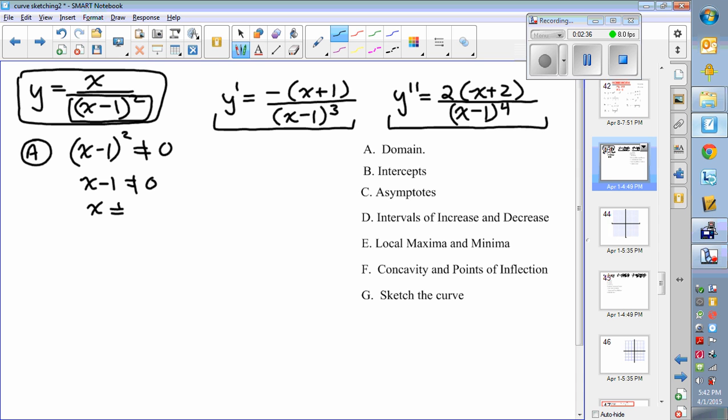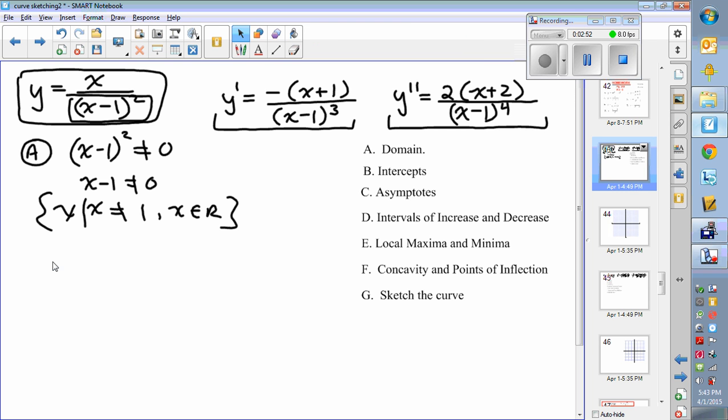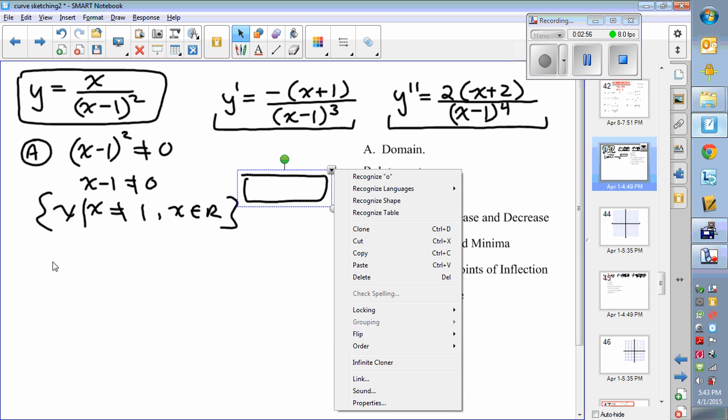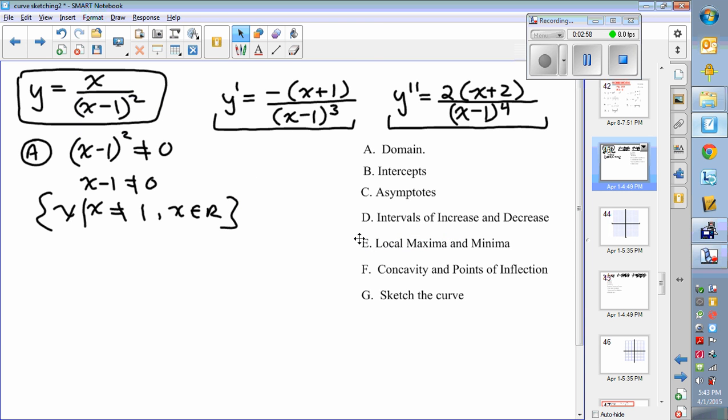That means x is not allowed to be equal to 1. So my domain is all real numbers, except x cannot equal positive 1, because if you put in positive 1, that function does not exist. So there's my domain. We've got that set.